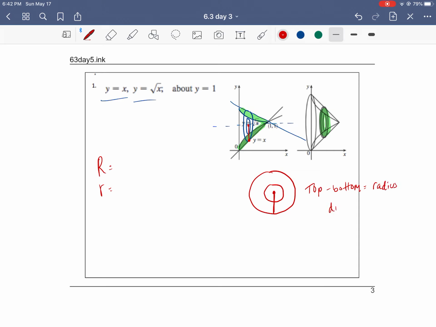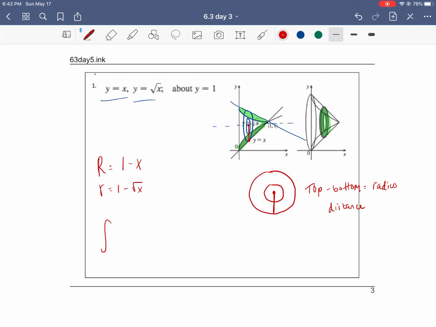That gives us the distance. Right? So top is 1. Bottom is the line, y equals x. For the little one, same idea here. 1 is my top, root x is the bottom, is the curve.